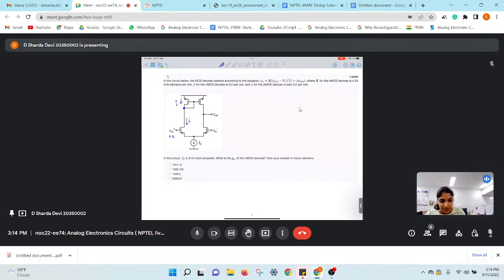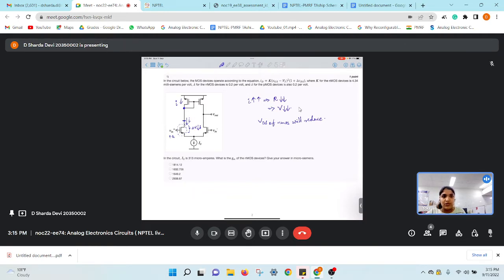If the current across this transistor is increasing, the drop across this transistor, delta V, is reducing, because the moment i increases, the resistance R reduces. So VDS of the NMOS will reduce, and at this point our voltage will reduce.